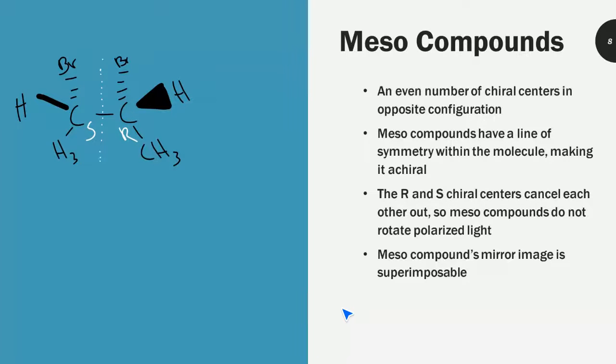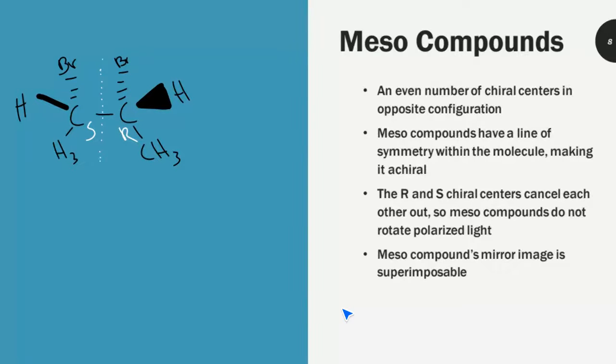Basically, you're just assigning absolute configuration. So the first one I think was an R or something, and if the ones after that are an R, they're identical to the first one. If they're an S, then they're not identical, and they're mirror images, is what he said. Yes.